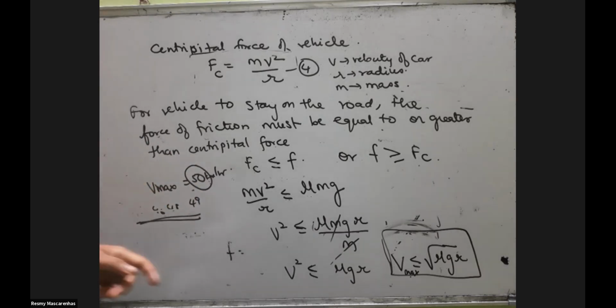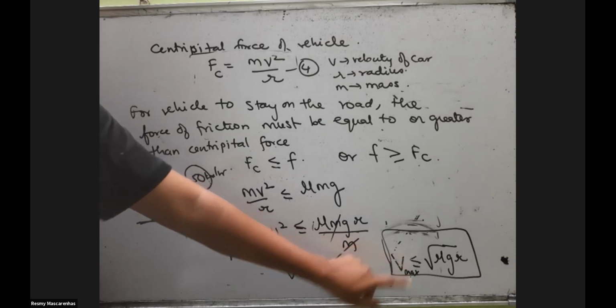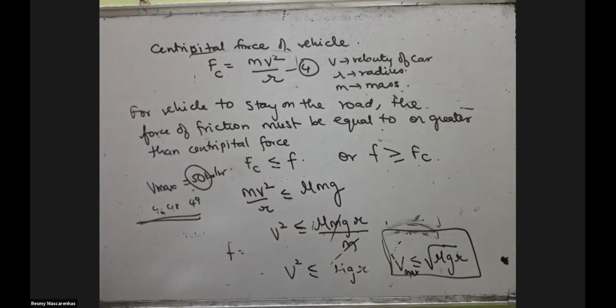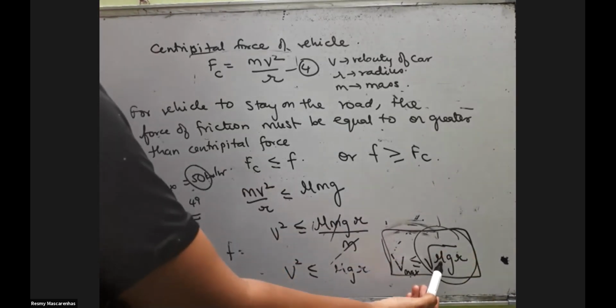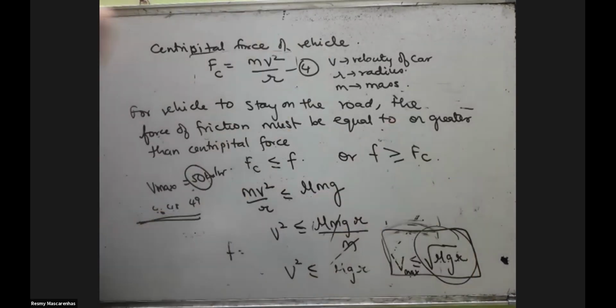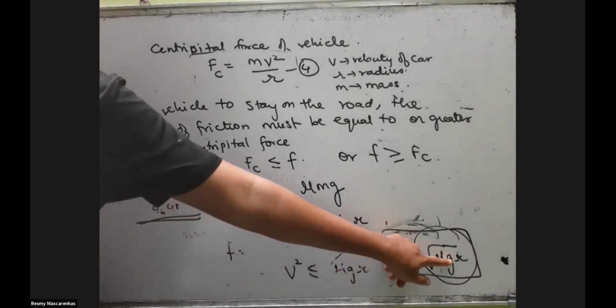And then how to read this? Your V max has to be less than this particular value. So it is based on your friction, gravity, and the radius. How much friction is there between the wheels? Gravity.